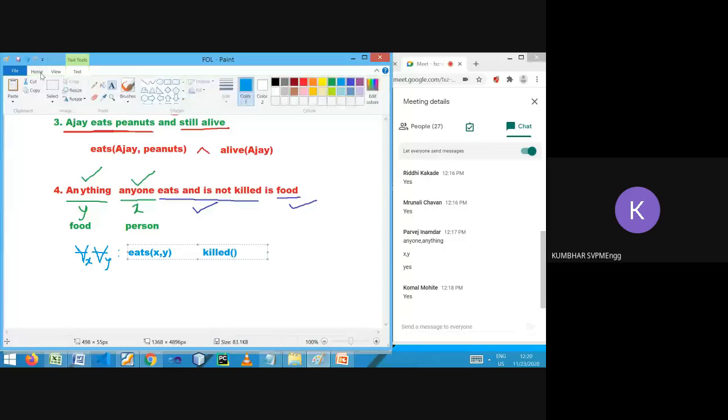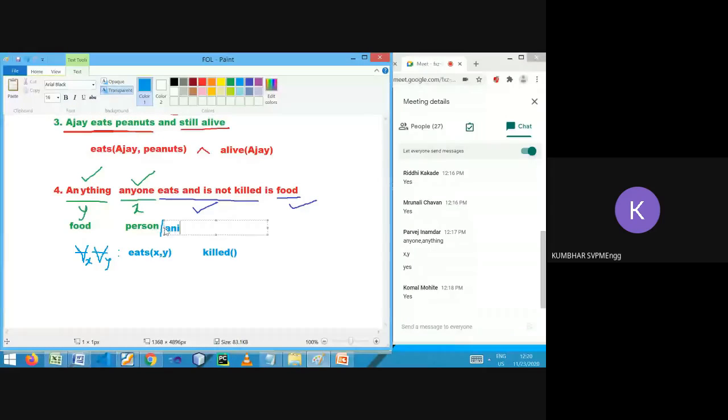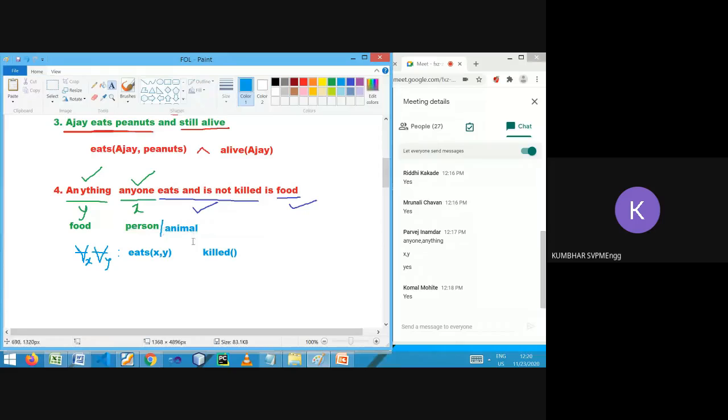This X can be a person or some animal, a living thing, any animal. So who can be killed? Food will be killed, or this anyone can be killed? What should I write here? X or Y? Who can be killed? X or Y?